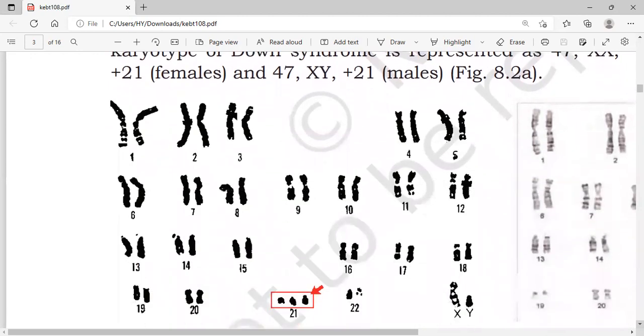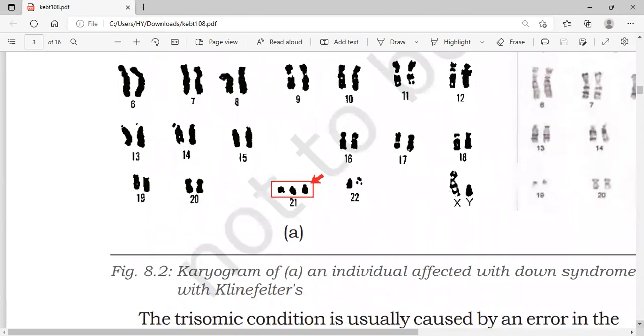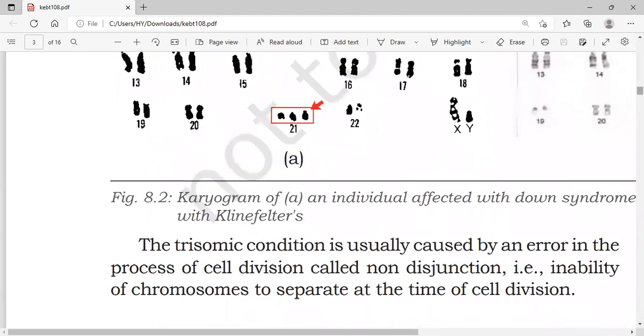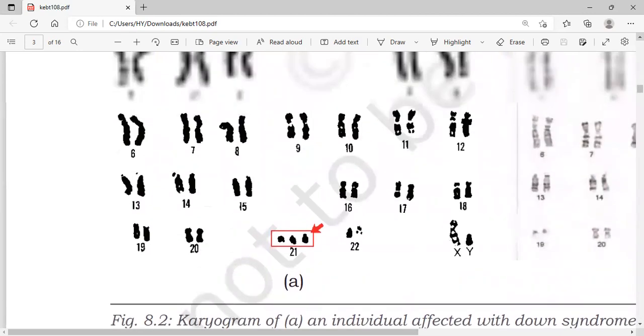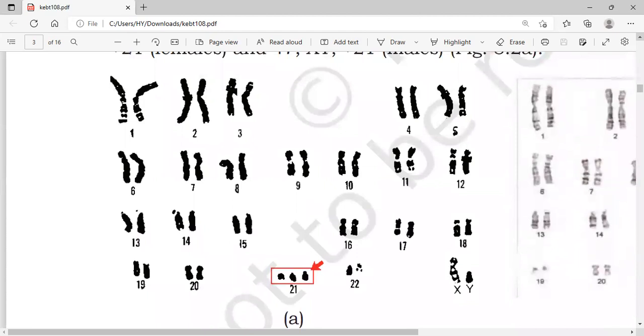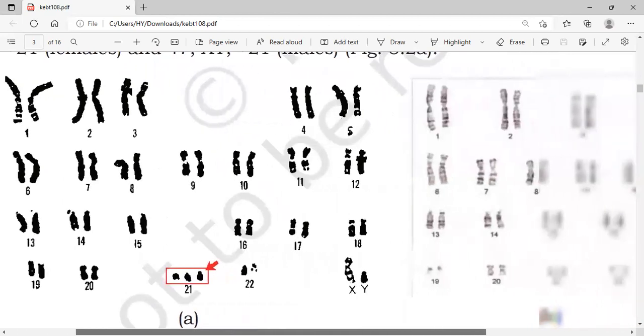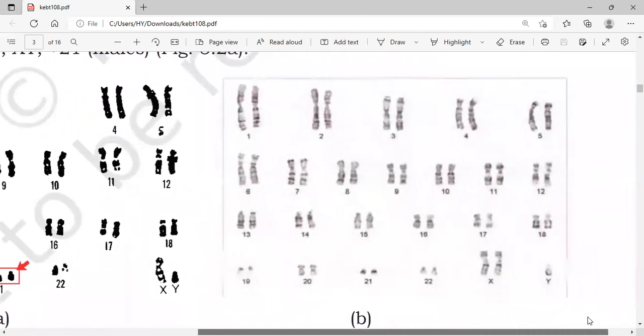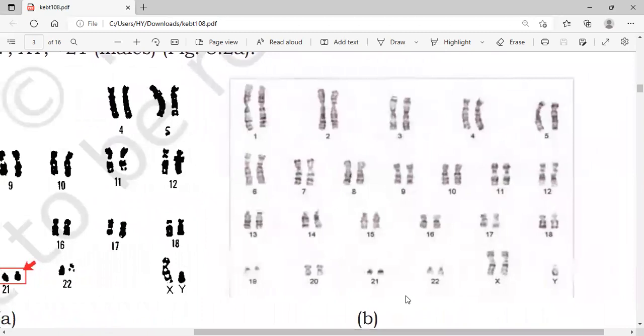So chromosome 21 is extra in it, and this is the karyogram of an individual. In this karyogram, you can see that all the chromosomes are in pairs, but chromosome 21 is having a triple, we can say one extra chromosome in the Down syndrome individual, whereas the normal individual has only two.